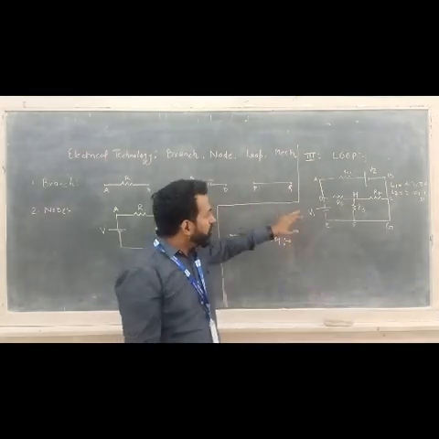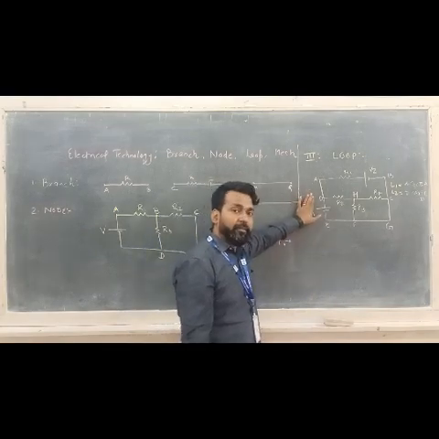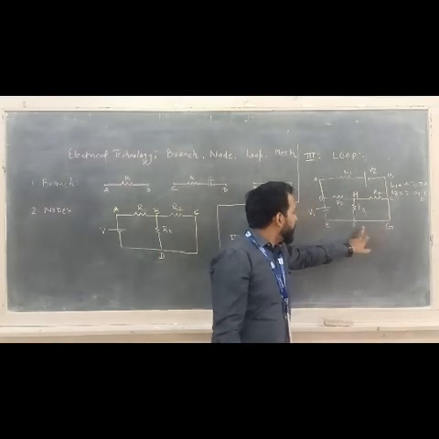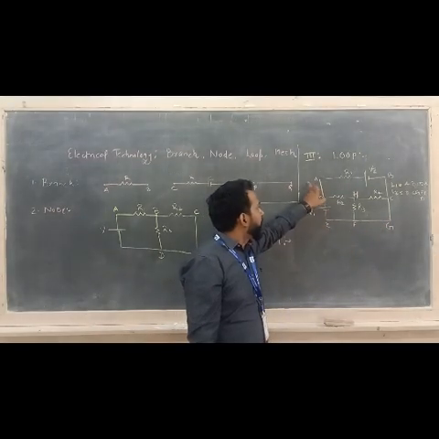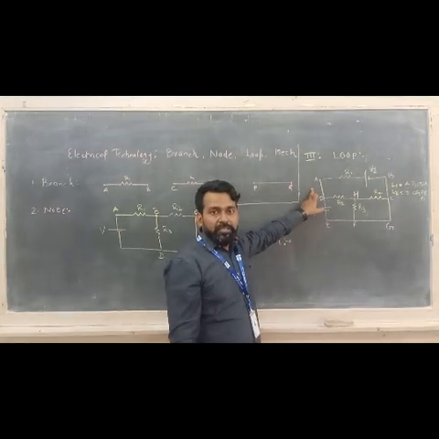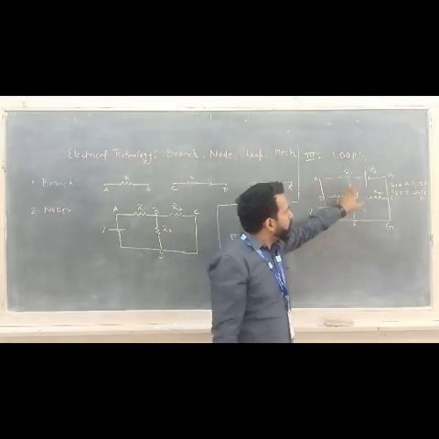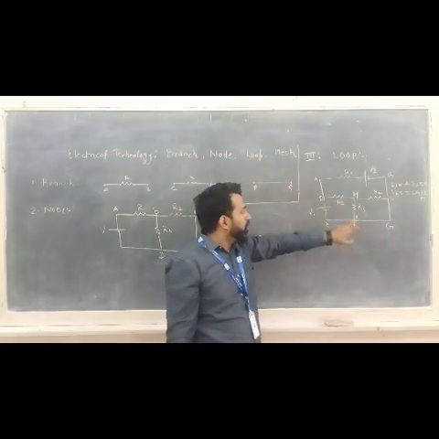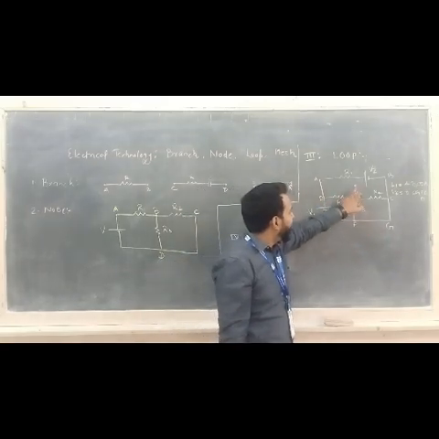Now, referring to this circuit diagram. Now see, A, B, G, F, E, D, A. The largest loop, the outer loop, cannot be termed as a mesh. Why? Because the outer loop, the biggest loop, contains 3 small loops: first, second, and third.